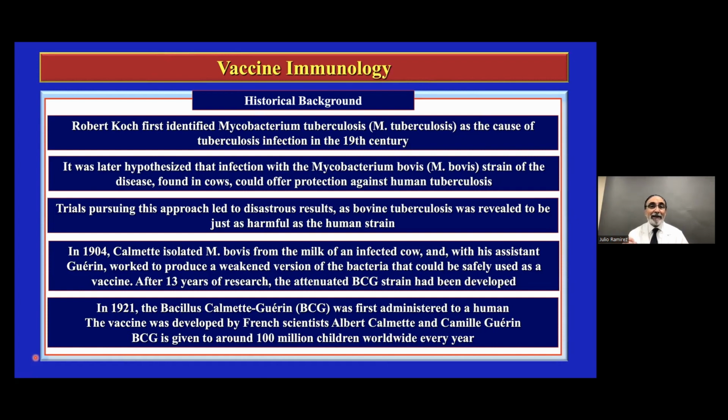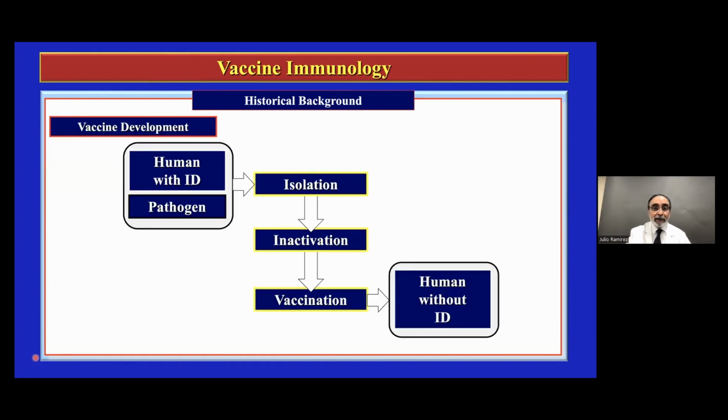All these are issues from the historical background of immunology that I think are relevant whenever we think of vaccines today. Now, for years, vaccination was based on: the human has a disease, whatever the pathogen is, let me get this pathogen, let me inactivate it, and then I inject it into another person.